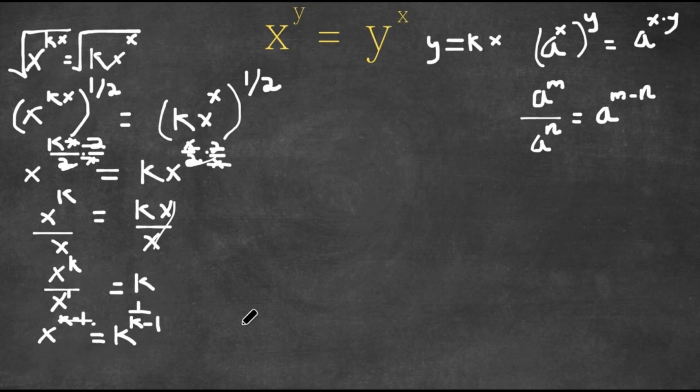So now this would be x equals k to the power of 1 over k minus 1. So now we have our value of x. X is equal to k to the power of 1 over k minus 1.